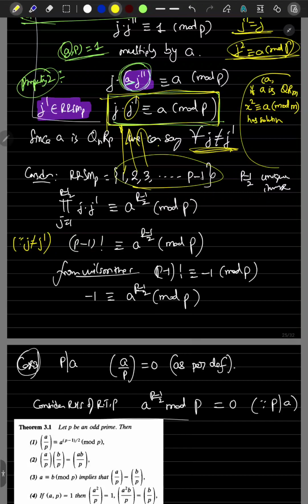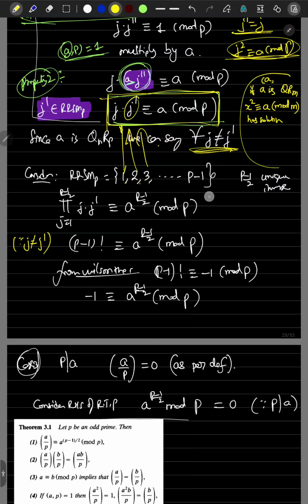How many elements are there here? Tell me. P minus 1 plus 1? P elements? No, P minus 1, not plus 1. 1, 2, 3, 4, 5, 6, up till P minus 1 elements.